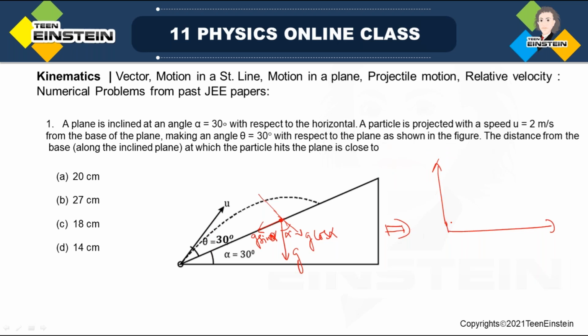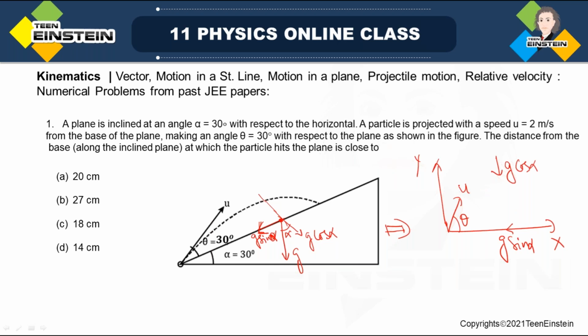If you take the inclined plane as the x-axis, and this is your velocity u making angle theta, in this case g is not constant along one direction. Perpendicular to the plane there is g cos alpha, and along the inclined plane there is also a component, g sine alpha.